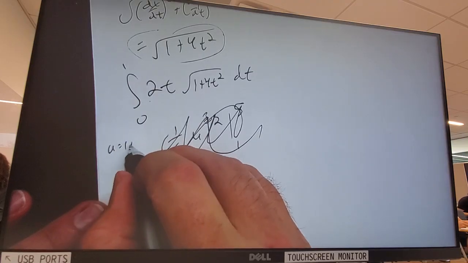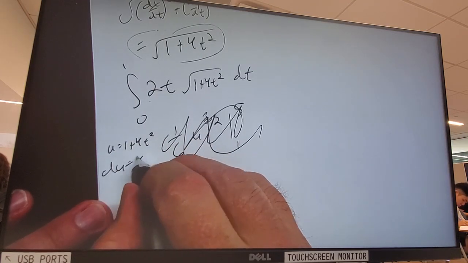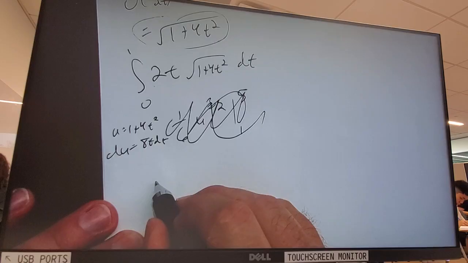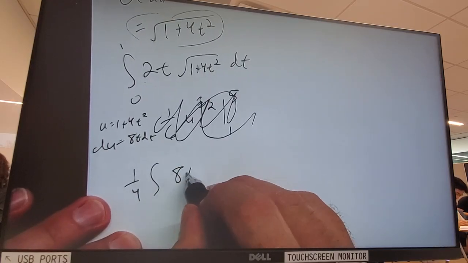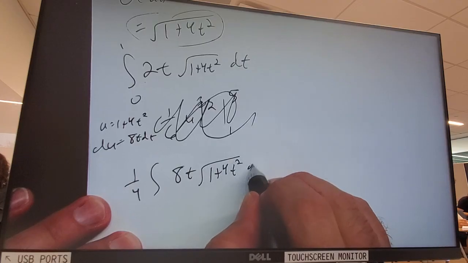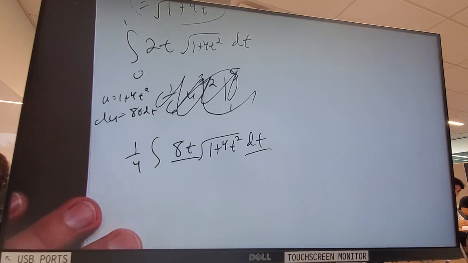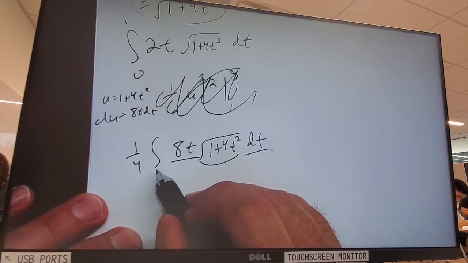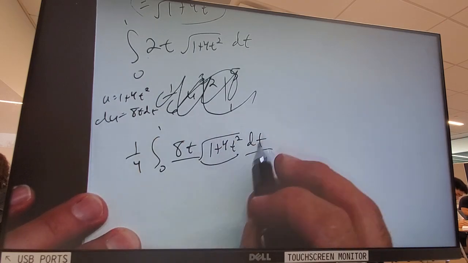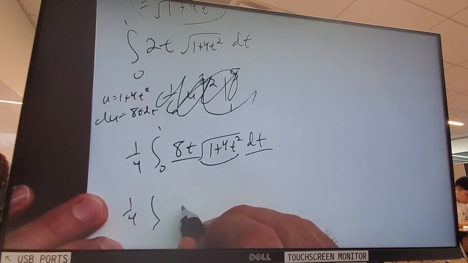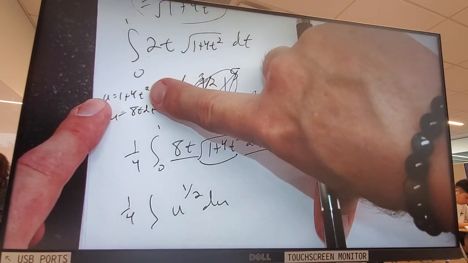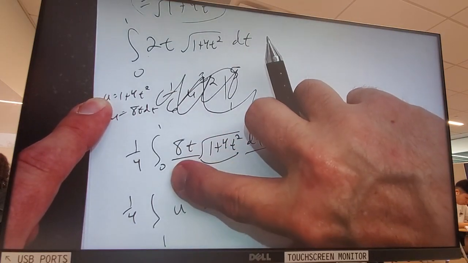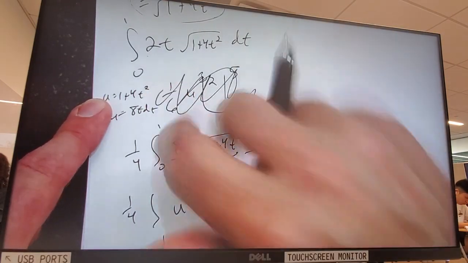So u is 1 plus 4t squared, du is 8t dt. Therefore, I need a 1/4 out front so I can make 8t inside. Is that cool? So now this is du. This will be the square root of u. My limits are still 0 to 1 right now, but they're going to become: when t is 0, u is 1. When t is 1, u is 5.